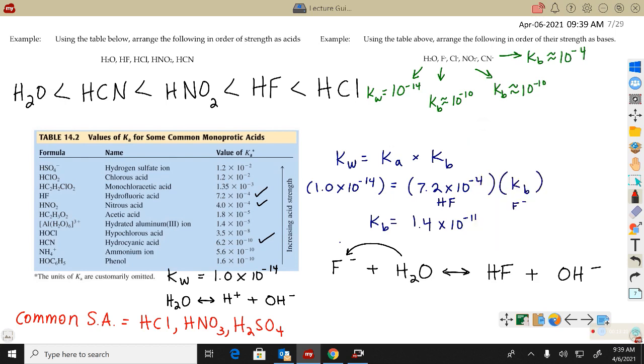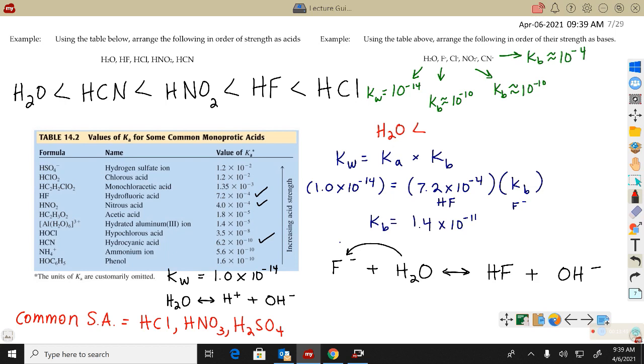If we're going to start with the weakest base, right now it looks like maybe water, if I'm just looking at the Kw. Water is not a very good acid and it's not a very good base. It can act like either, but it's just not very good.